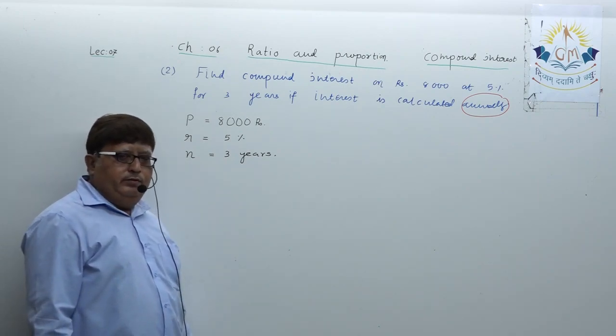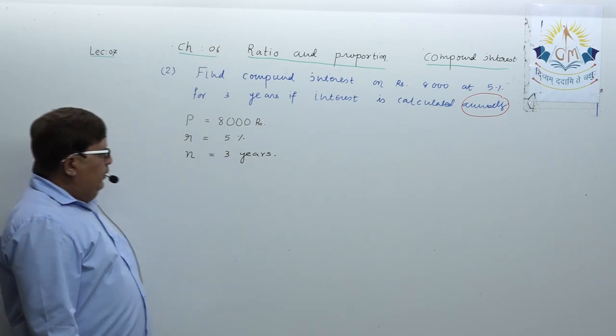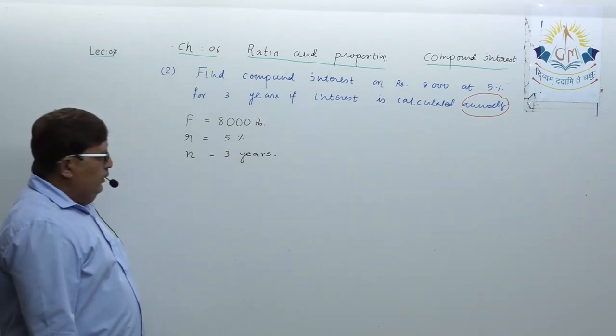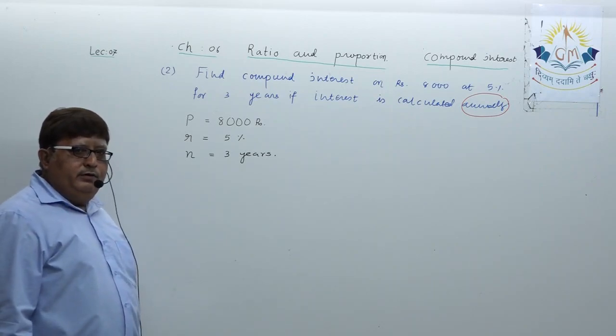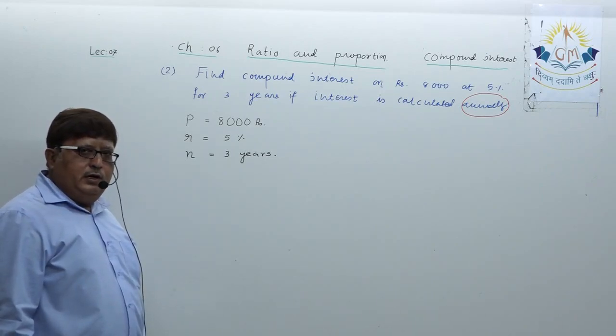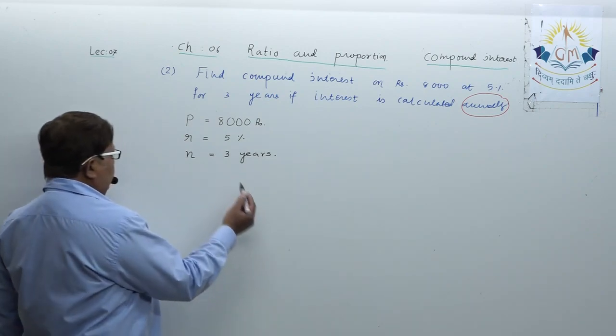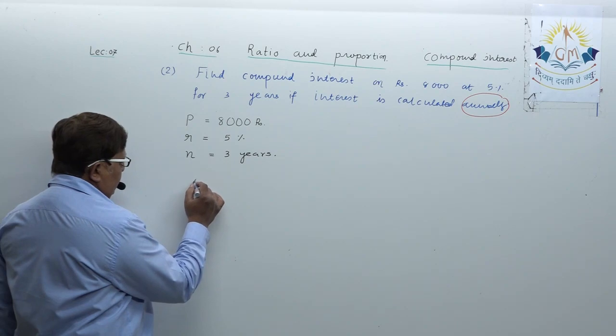Principal 8,000 rupees, rate of interest 5%, and the period on which the interest is to be counted is 3 years. Let me write the formula.